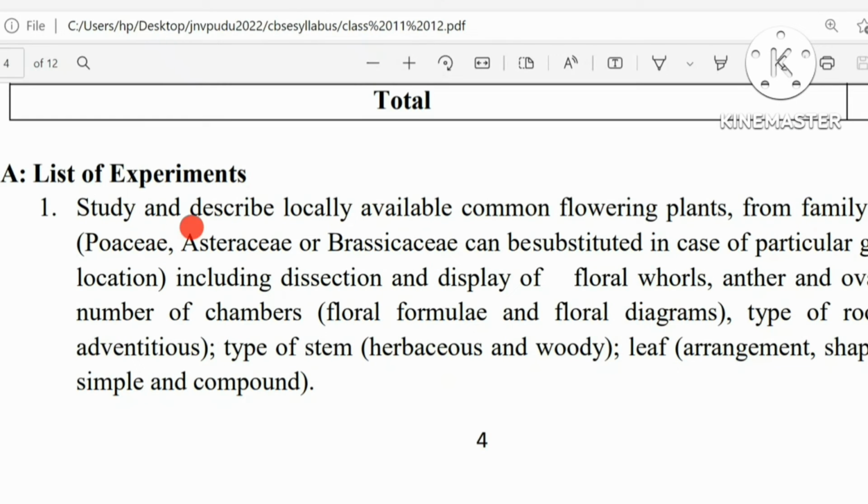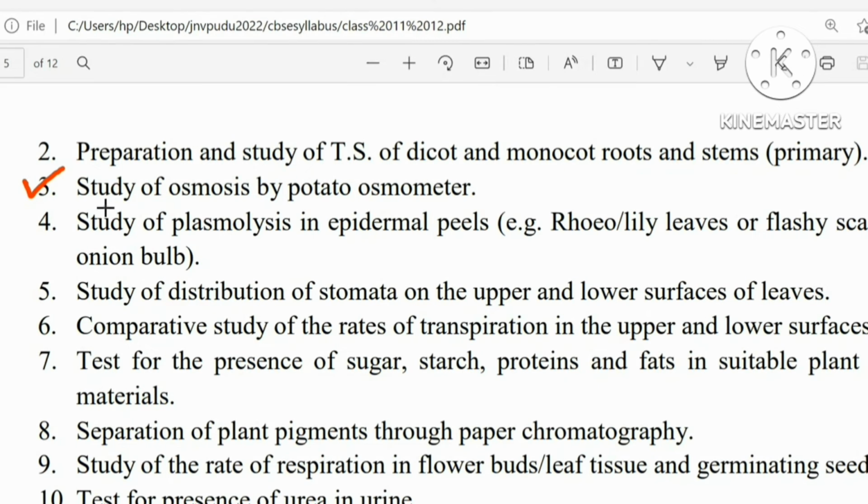For the major experiment, the list is like this. Study and describe locally available some common flowering plants belonging to family Solanaceae, Poaceae, Asteraceae, Brassicaceae. So it can be substituted in case of particular geographical location also. So we learn the floral characteristics. Study of osmosis by potato osmometer.